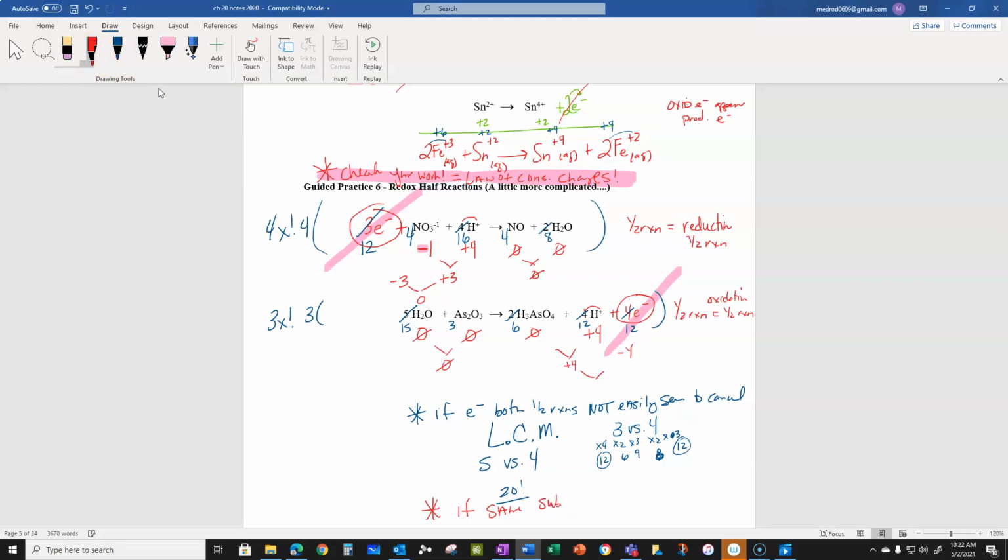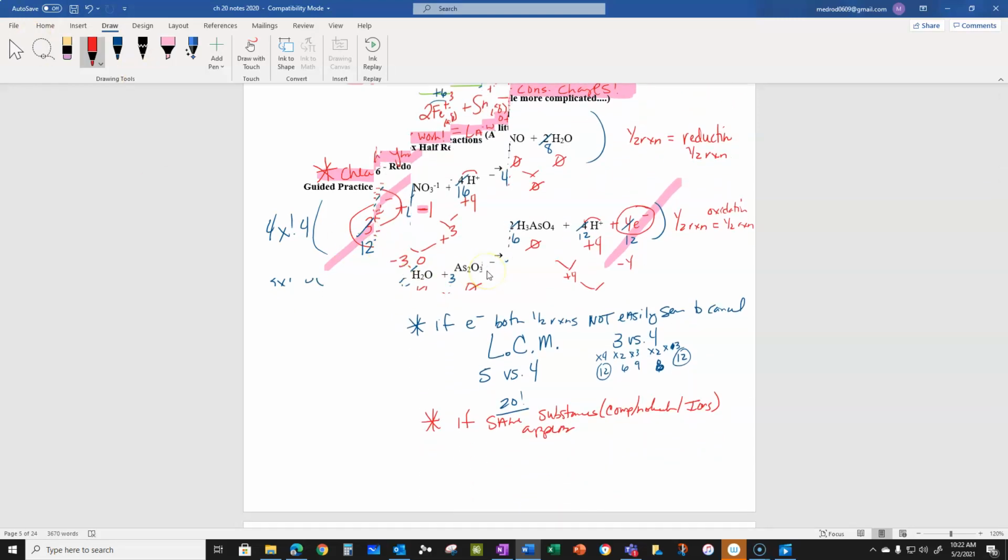If the same compound, molecule, or ions appear in both half reactions, you can either add them up if on the same side of the equation, or cancel some if on opposite sides.